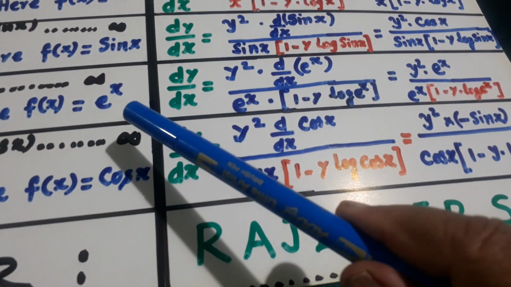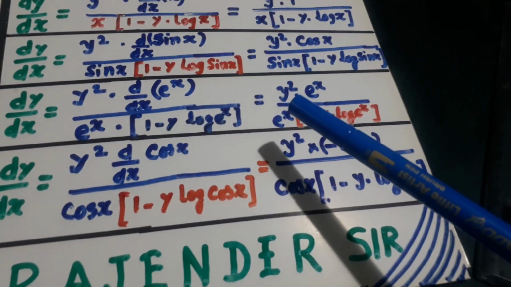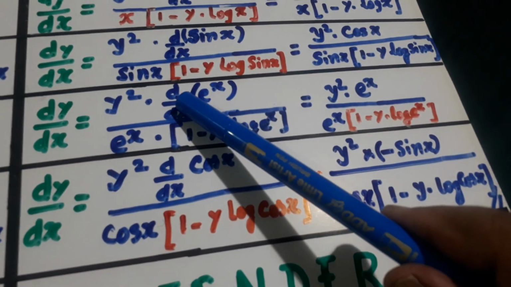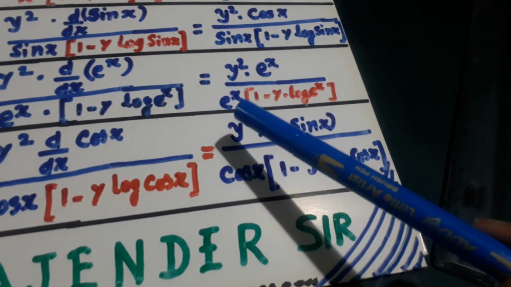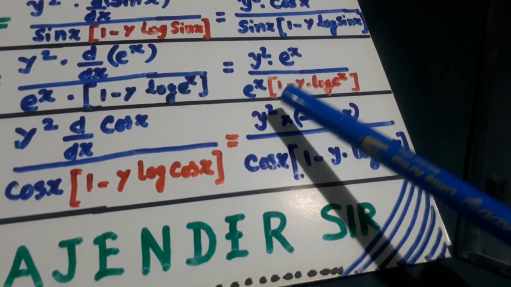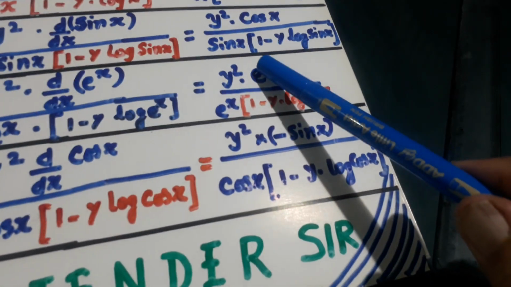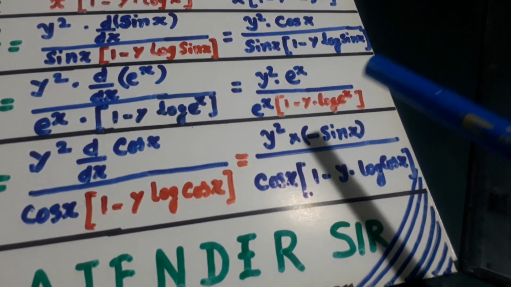So the answer will come y square, d/dx of e raised to power x is e raised to power x. Then in the denominator it is e raised to power x within the bracket 1 minus y log e raised to power x. e raised to power x will cancel e raised to power x. Rest will be the answer.